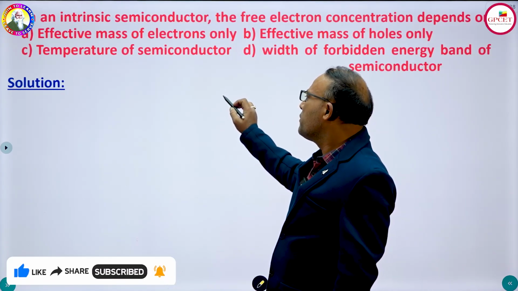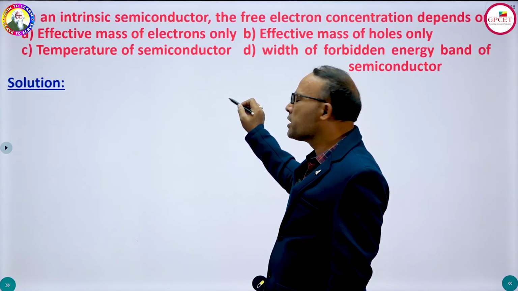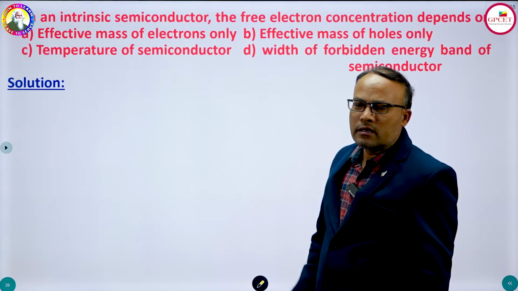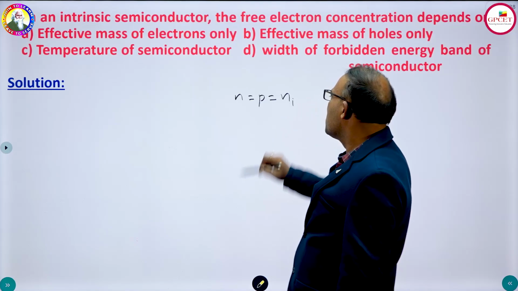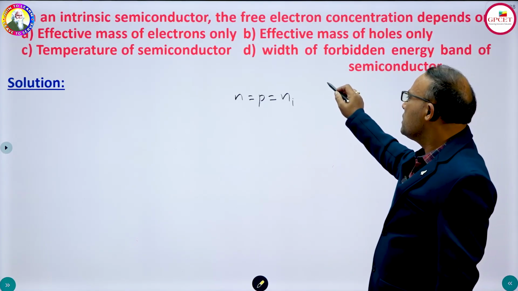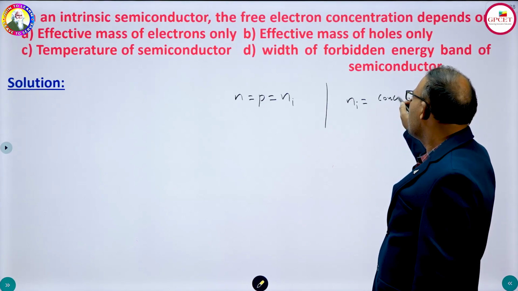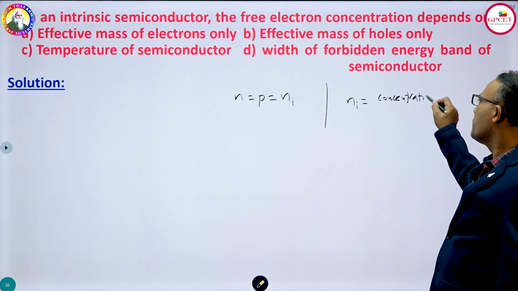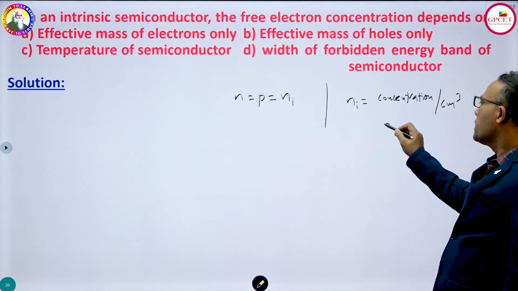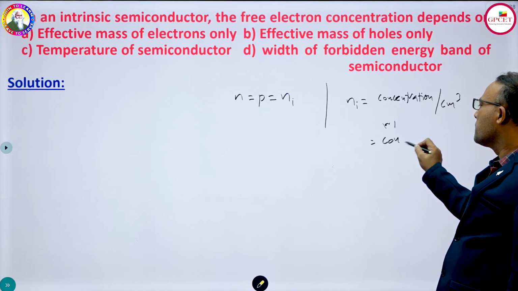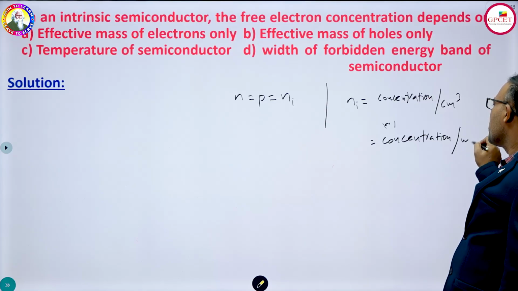As we have already discussed, an intrinsic semiconductor is the purest form of semiconductor, and there the concentration of electrons is equal to the concentration of holes, which is equal to the intrinsic concentration Ni. This intrinsic concentration Ni can be written as concentration per centimeter cube, or per meter cube.